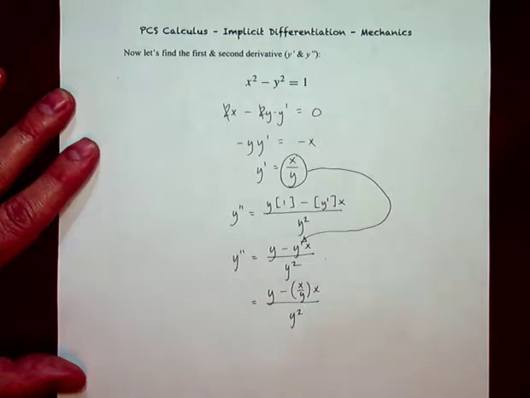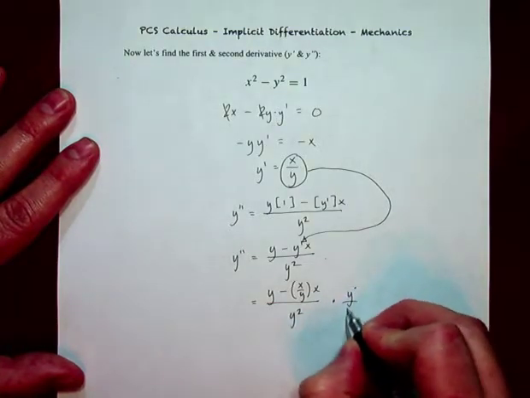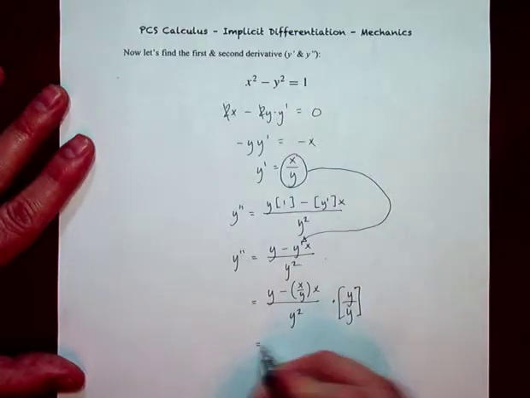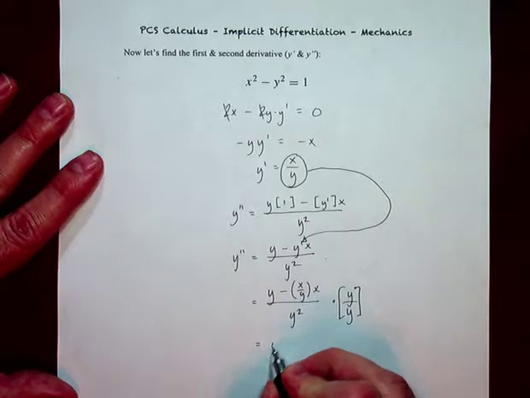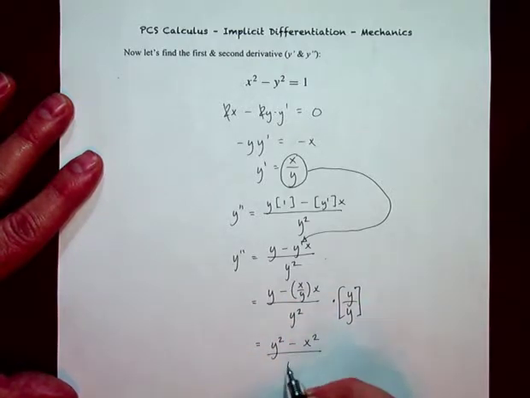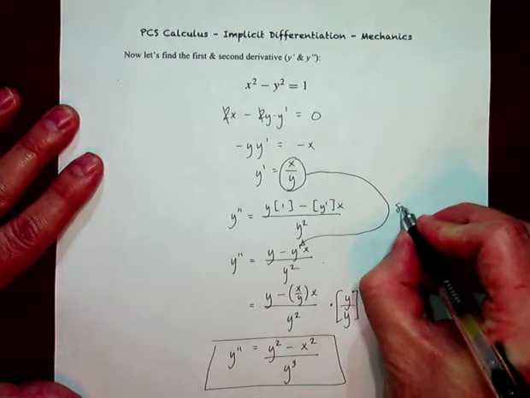I deal with it the same way that I deal with all complex fractions, by multiplying through by the denominator that's problematic. I'm going to get y squared minus x squared, all of that over y cubed, and that is y double prime.